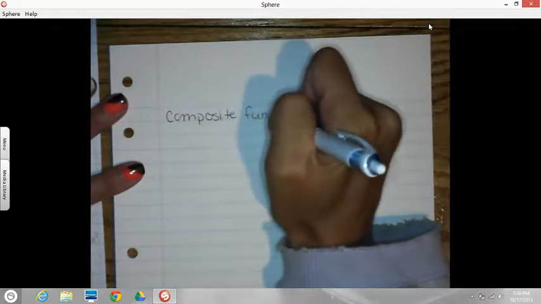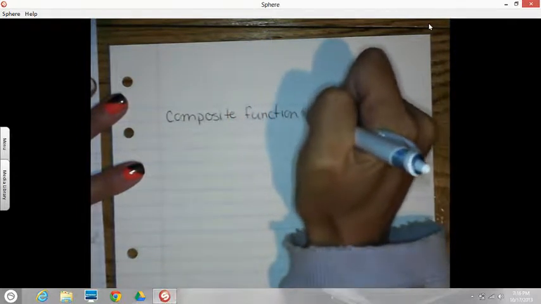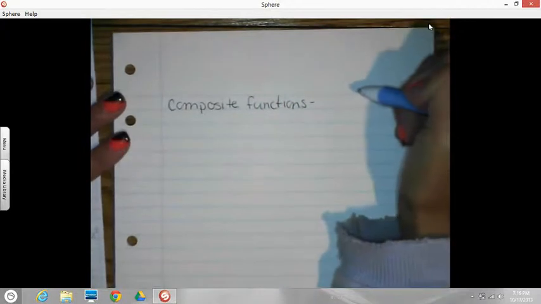Moving into 3.7, we're moving on to our 4th derivative rule. But before we get to that, we need to talk about composite functions. Composite functions have a function within a function.